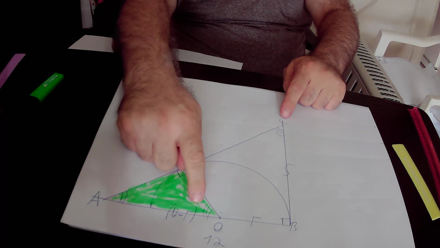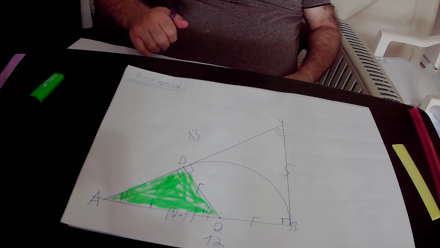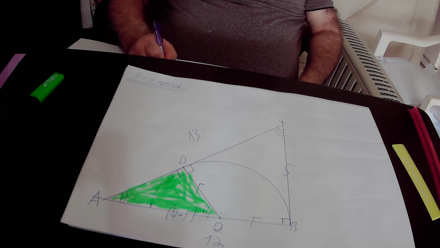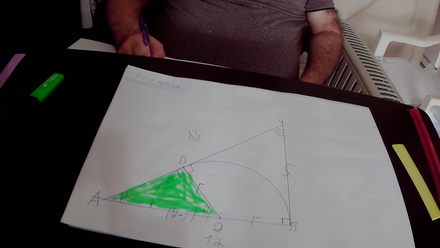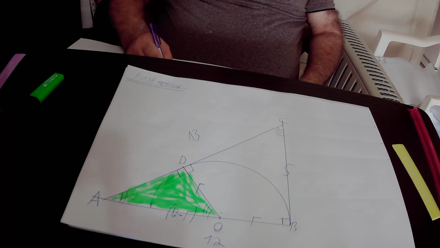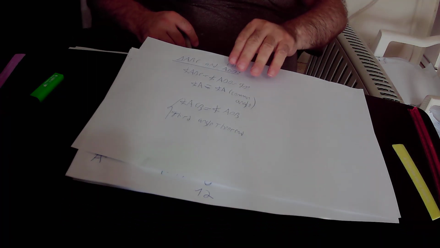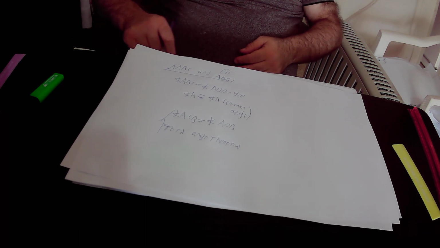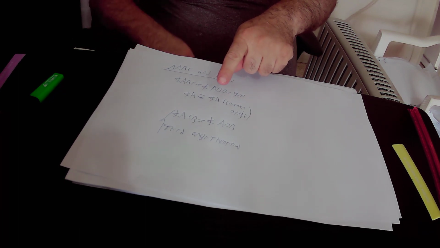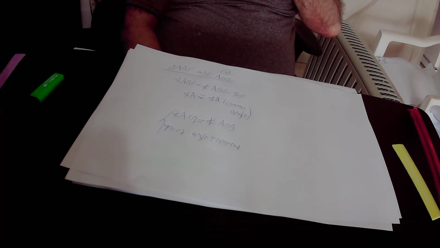And those angles are equal to each other according to the third angle theorem. Angle ACB of triangle ABC equals angle AOD of the green triangle according to the third angle theorem.